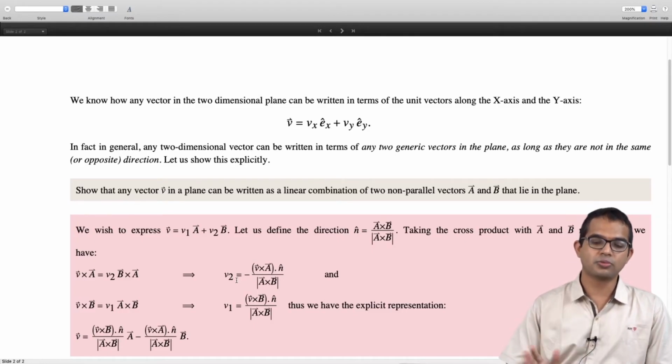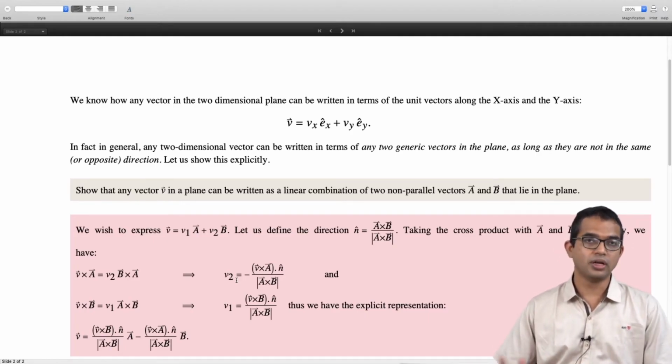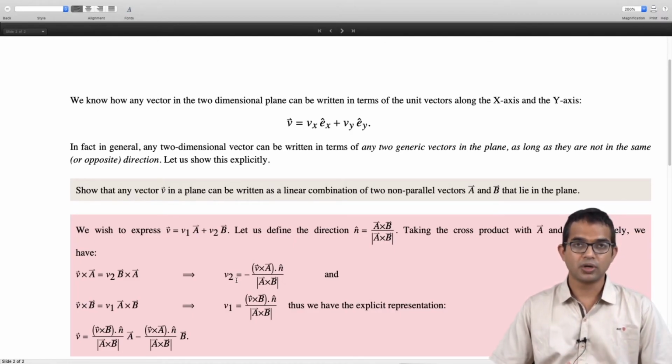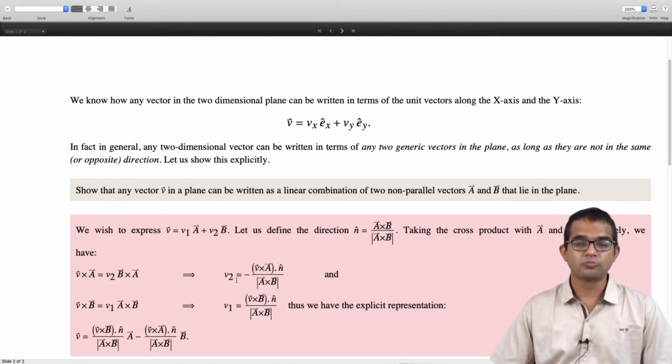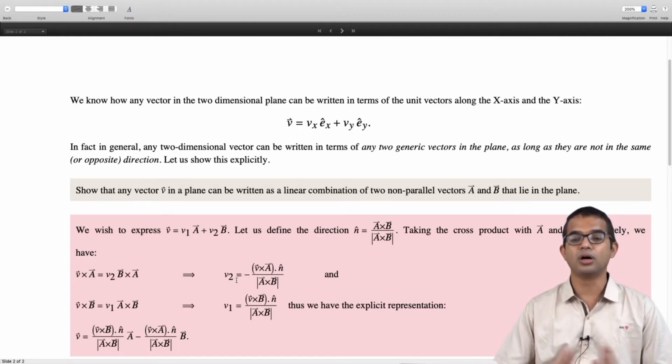I have to take a cross product of this vector with A, and then dot it with this direction which I have defined for you because I know A and B, and then divide by the modulus of A cross B. Likewise, we can compute V1, the component of this vector V along the direction A. That's just given by the dot product of V cross B with n divided by the modulus of A cross B. Thus we have this explicit representation where I can write V as this component along A plus this component along B. It turns out to be negative, and this is the way I have written it, but basically the point is I have shown you explicitly what V1 and V2 are.